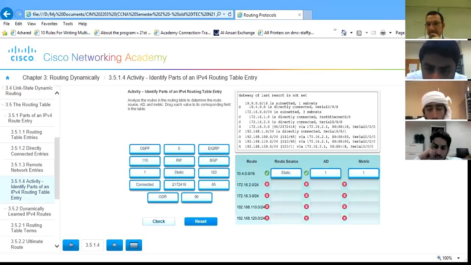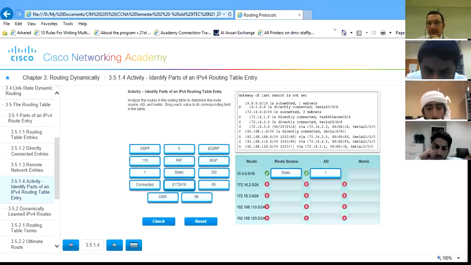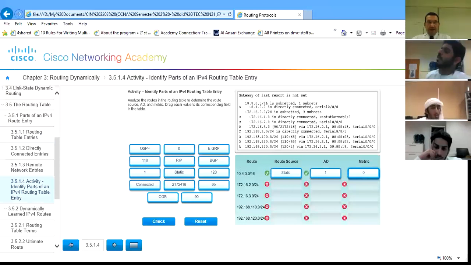You said 1? No, cannot be 1. 0, sir. It is 0. The metric. It's not directly connected. The static, there is no, the metric is 0. Exactly. Right. Let's go for the second one.